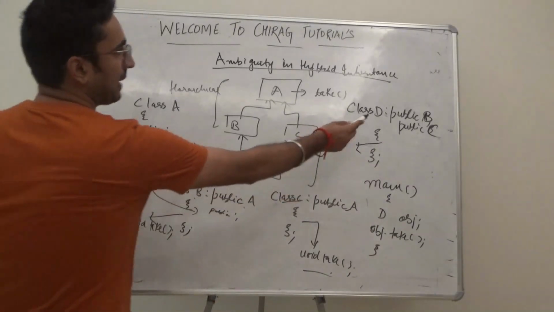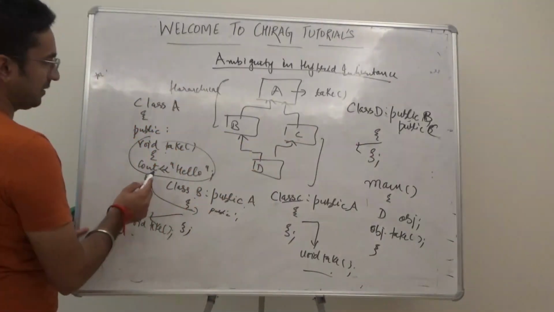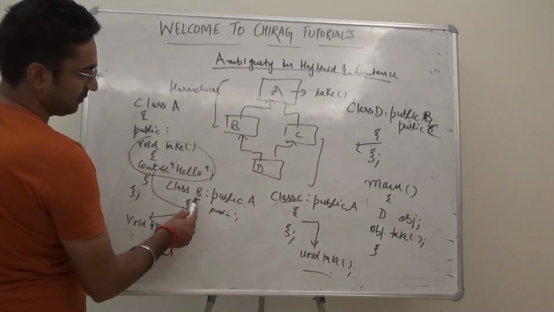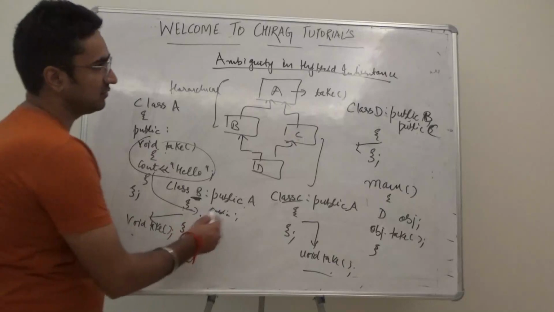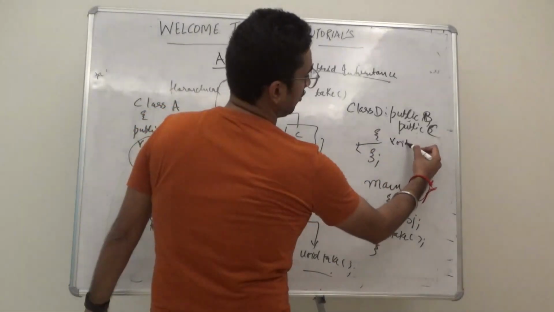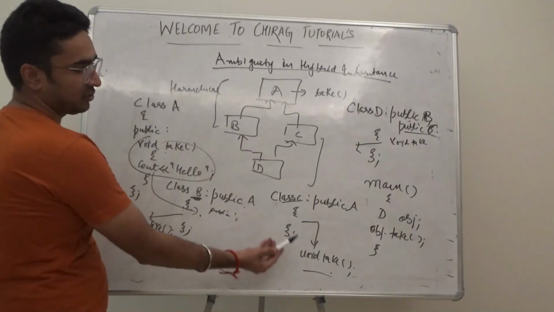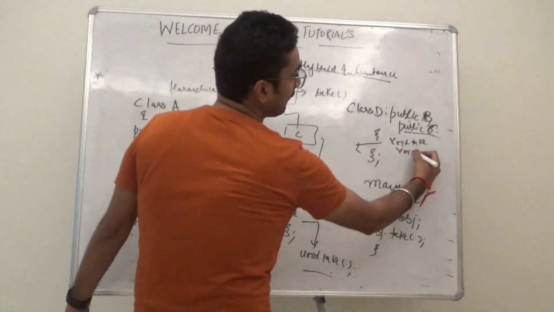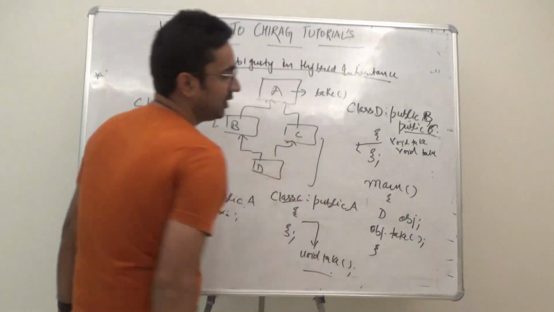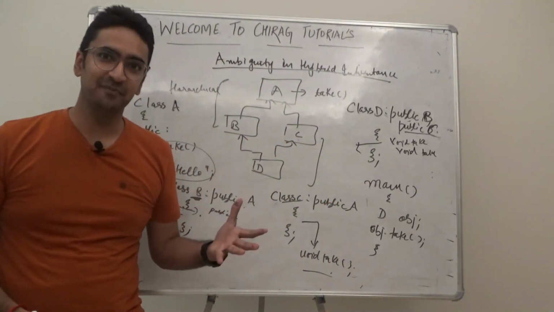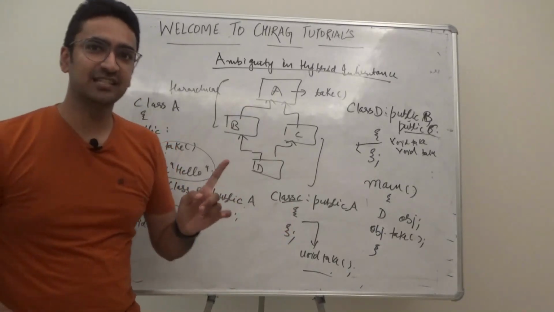If I take the public B section, the public function of class B will go in the public section, void take. Similarly, public C also has void take. Now you have two functions with the name take inherited in class D.